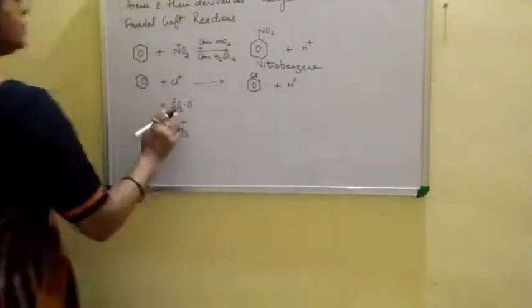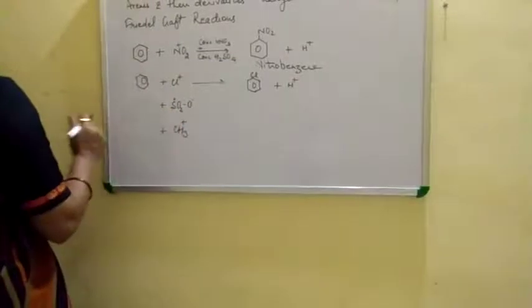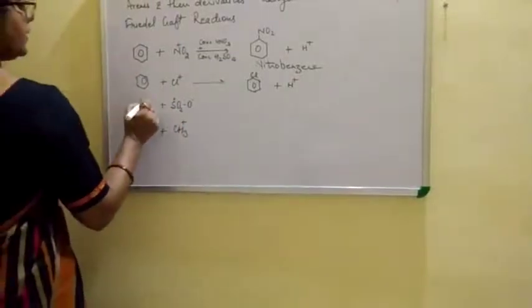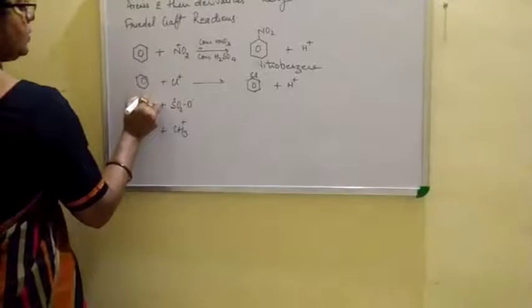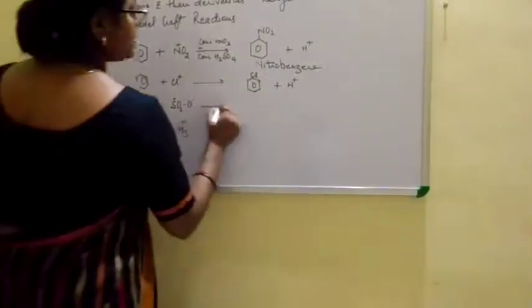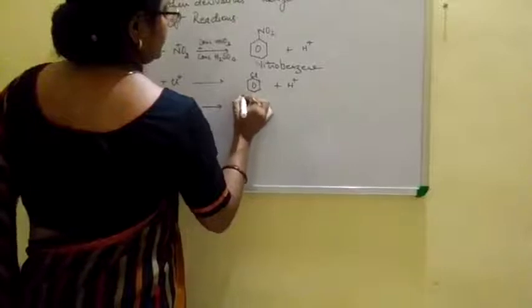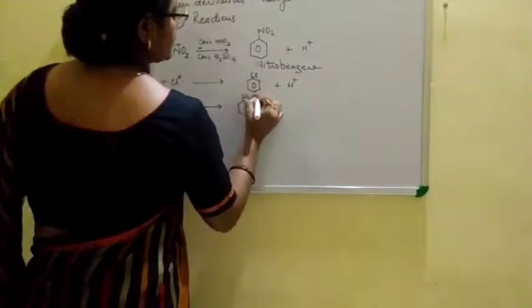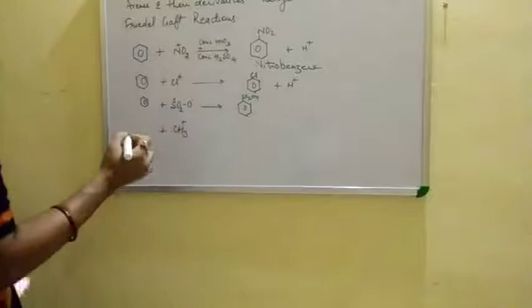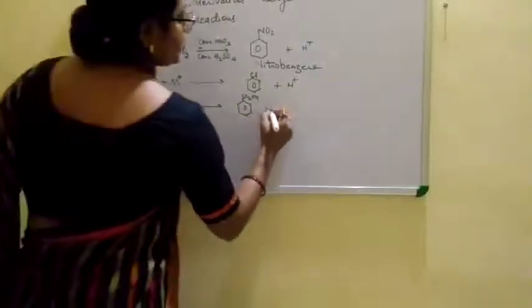And when sulfur trioxide attacks benzene, it will form benzene SO2OH, benzene sulfonic acid.